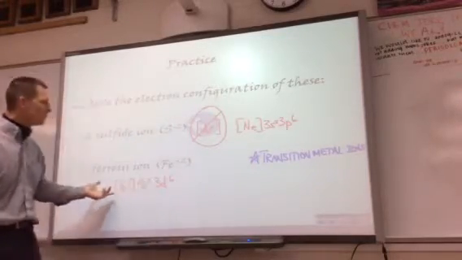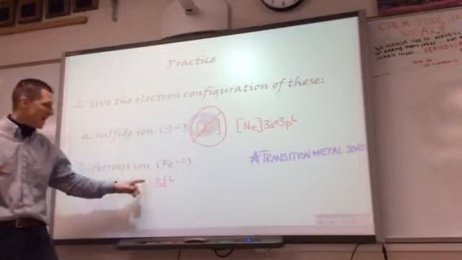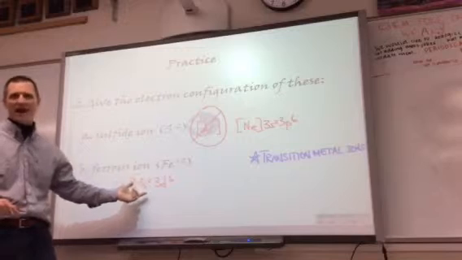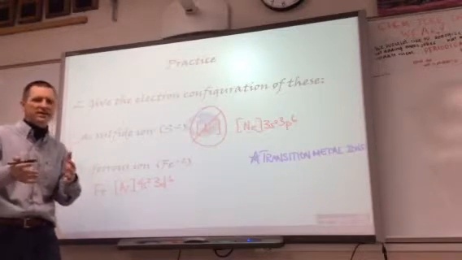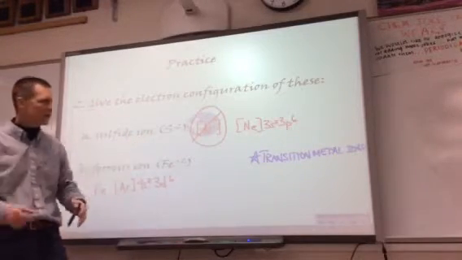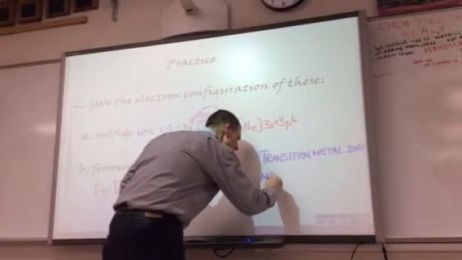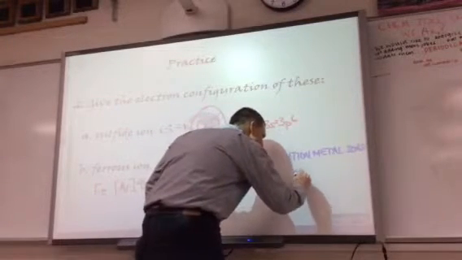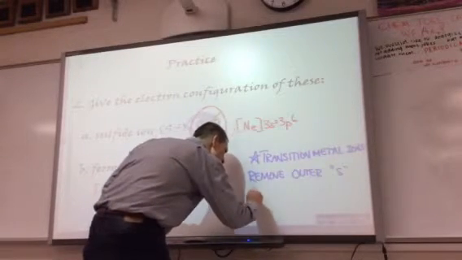However, when we're removing electrons, you're always going to remove, from a transition metal ion that has D's filling, the S electrons first. Essentially, we remove the valence electrons first. Valence electrons are the outermost S and P electrons. So we're going to remove the outermost S electrons first.